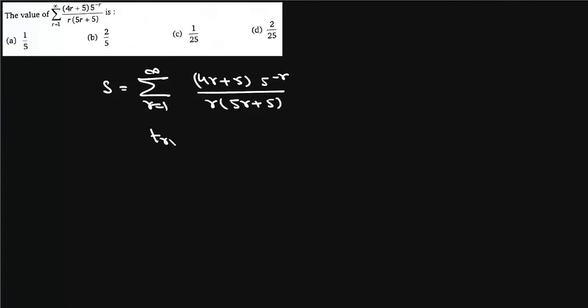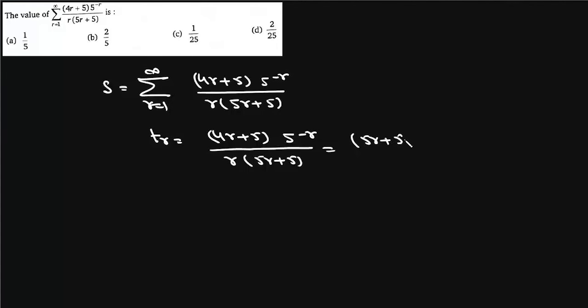We'll write its general term as 4r plus 5 into 5 to the power minus r upon r, and this is 5r plus 5. Now we can write this as 5r plus 5 minus r into 5 to the power minus r upon r into 5r plus 5. Now we'll split it in two parts.